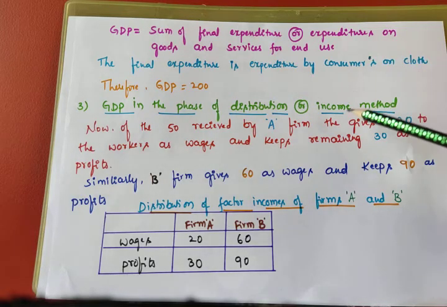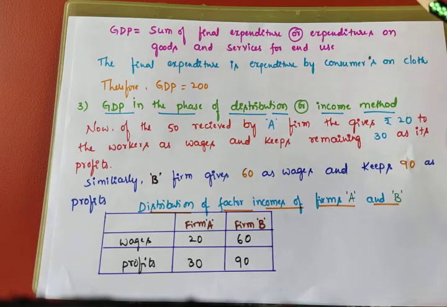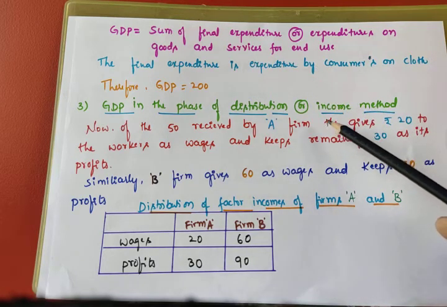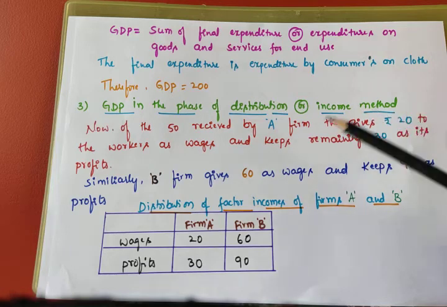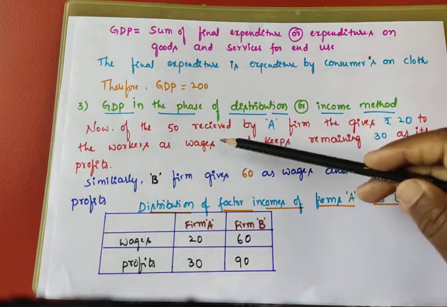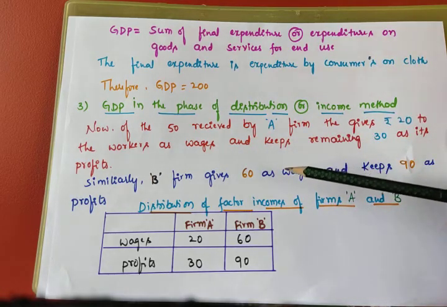Out of that 50, firm A gives rupees 20 to workers as wages, and keeps the remaining 30 as its profit.